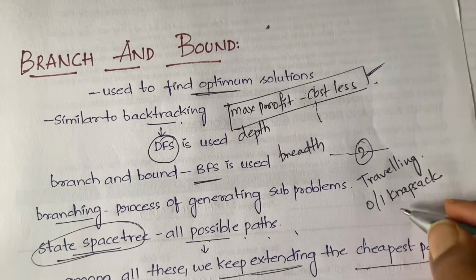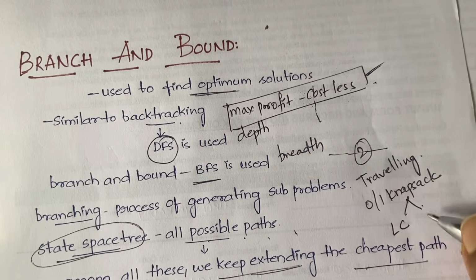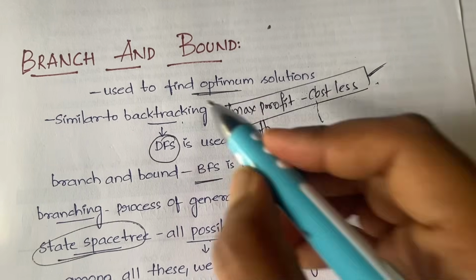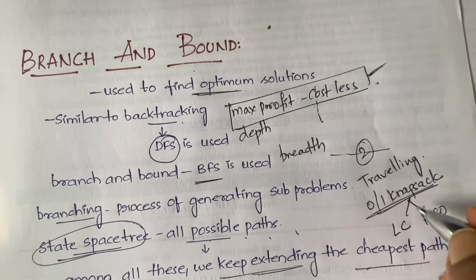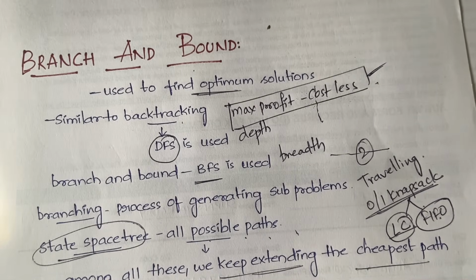In 0/1 knapsack also we have two categories, least cost knapsack and FIFO. So we are learning 0/1 knapsack with the branch and bound algorithm. In that also we have two things, LC (least cost) and FIFO branch and bound. Okay, so now for this video let us go into the numerical example of branch and bound.